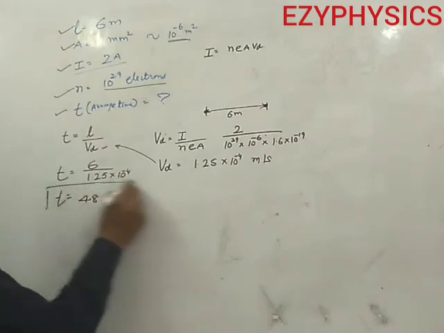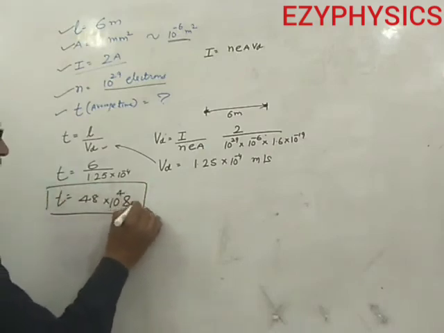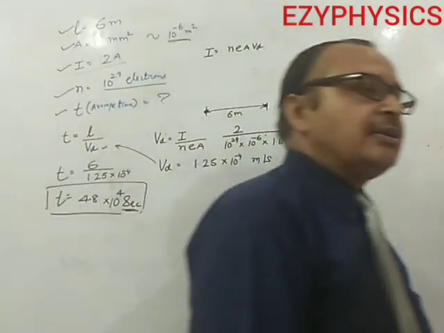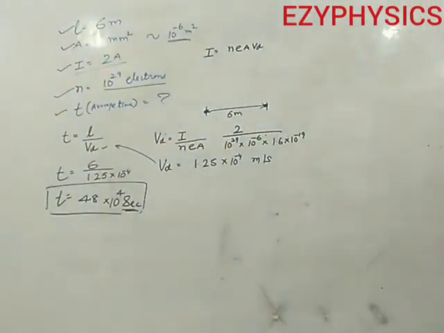So T is equal to 4.8 into 10 raised to the power 4 seconds. And if you want to convert it into hours, you can also convert. See how easy it is to solve a numerical if you have a concept very clear to you and the formula known to you. We will do one more of the same type and then we will continue further.